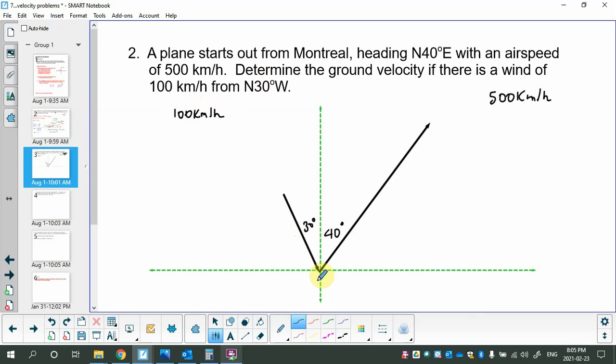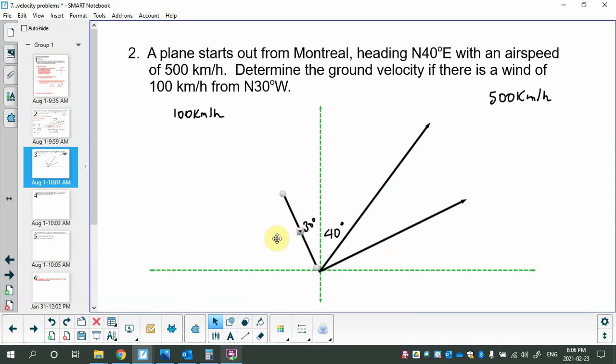And I don't really want wind speed plus airspeed, even though that's 100% correct. The reason is because then my ground speed, this is perfectly correct, is not sitting centrally located with respect to the compass rose.